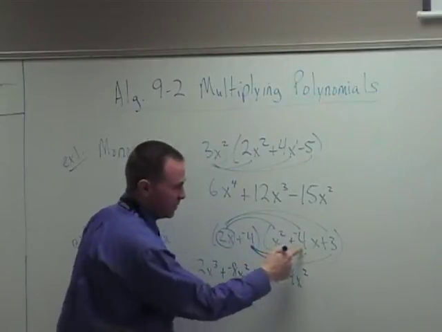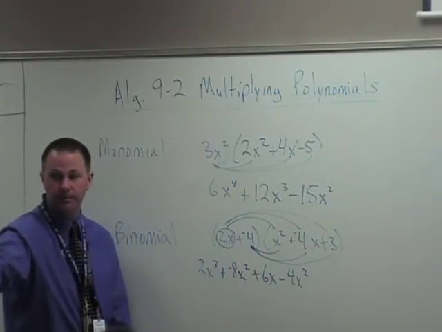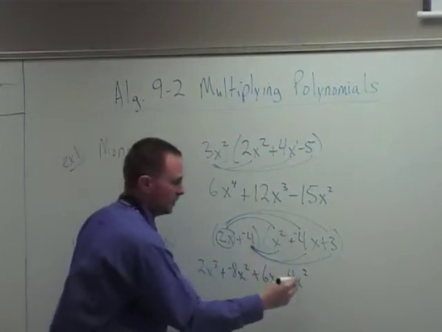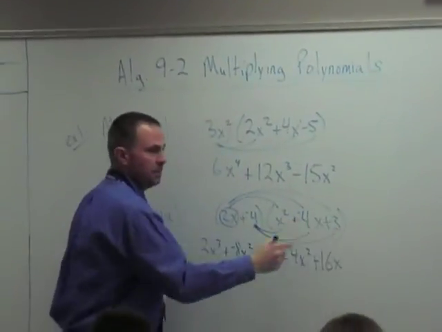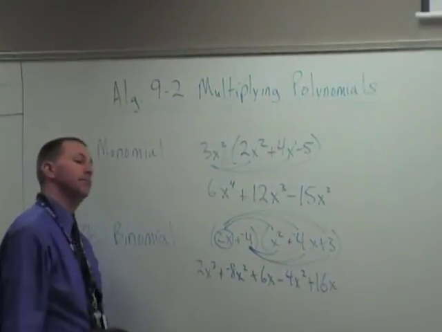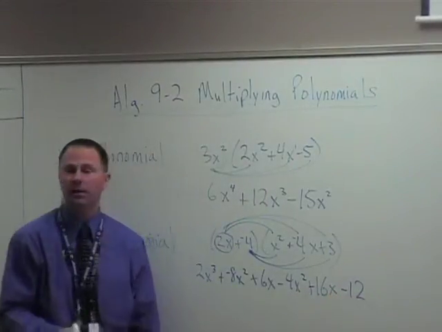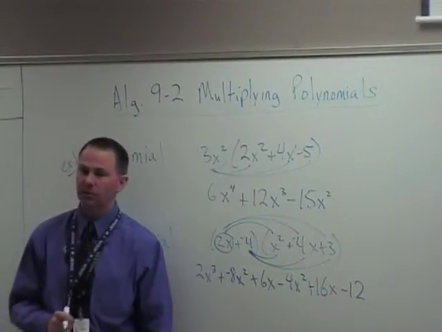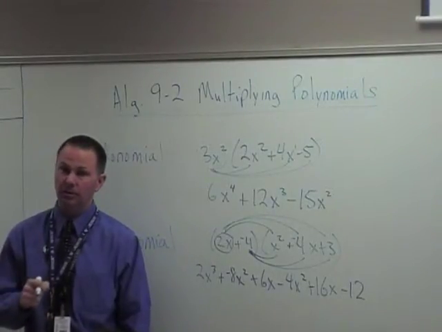Now, negative 4 times the negative 4x. Yep, negative times the negative is positive 16x. And a negative 4 times a positive 3. Negative 12. And I don't care if you write it as plus negative or just minus 12. Either one. Everybody in here better know that those are the same thing.